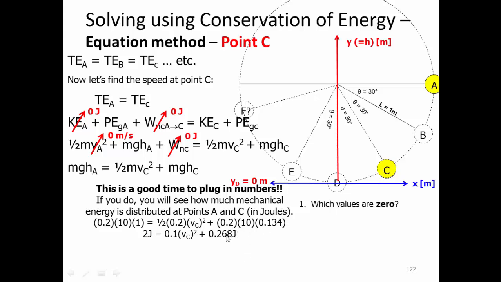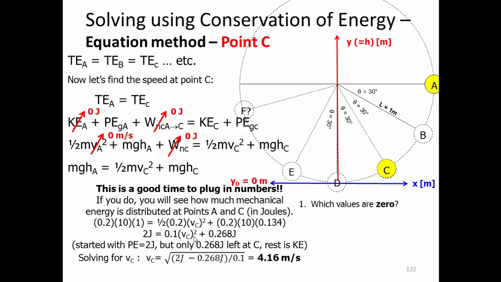So trust me for now, and you can see what happened here is our potential energy started at 2 joules, and over here on the right side at point C, our potential energy has dropped down to 0.268 joules. So most of our energy has been transitioned into kinetic energy. And we can easily solve for VC, and we find out that the velocity is 4.16 meters per second.